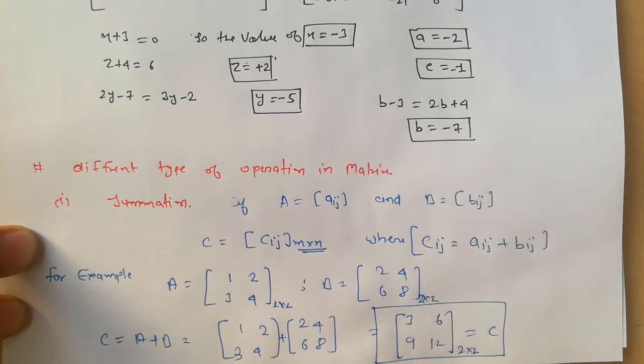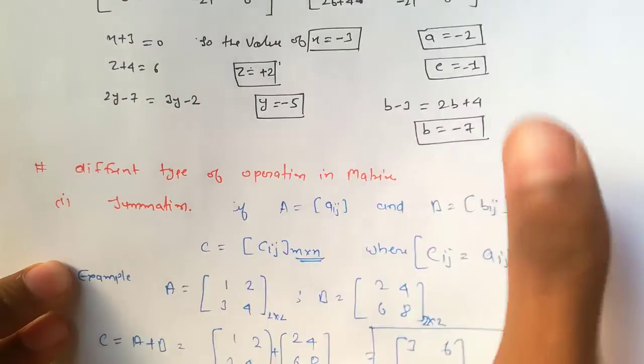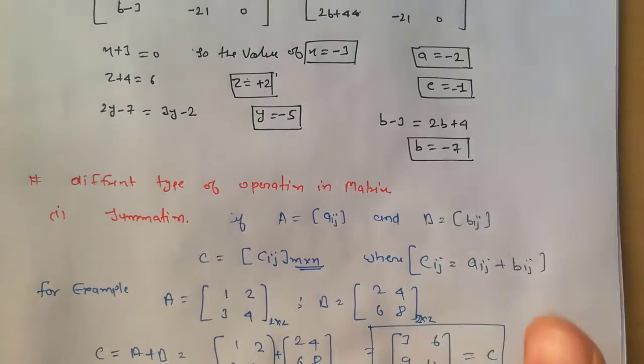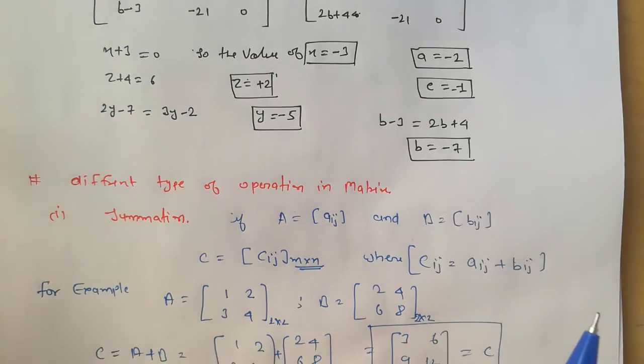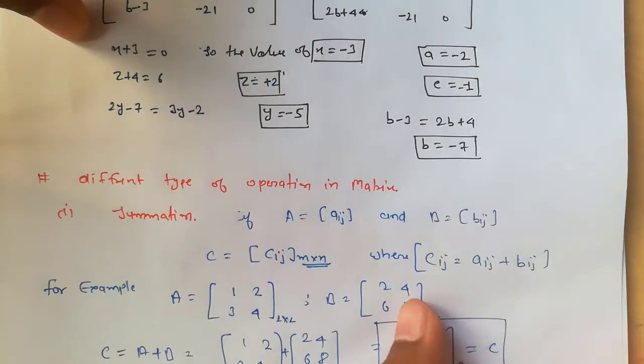Now we emphasize that if matrices A and B are not of the same order, then A plus B is not defined. It means when the order of the matrices is not the same, the summation is not defined.